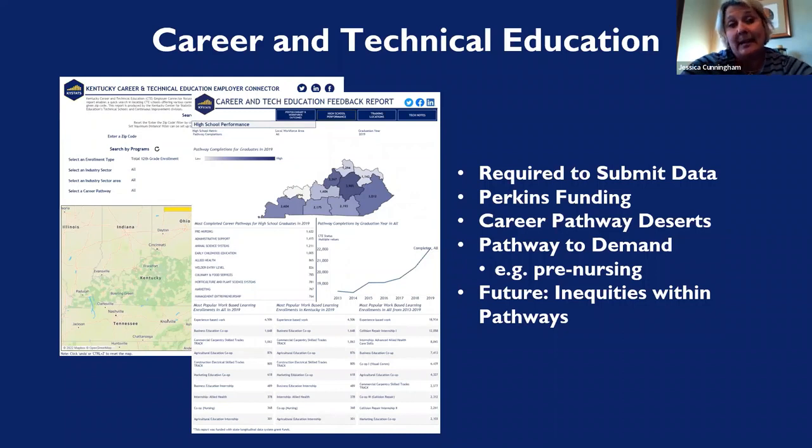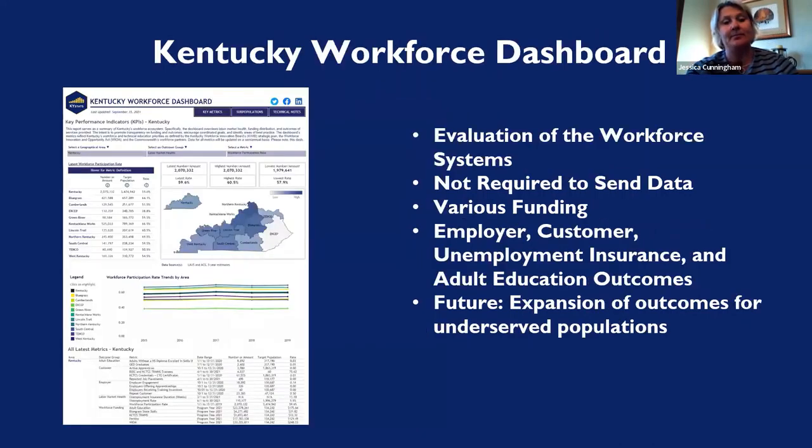As I said, equity is a priority in our next research agenda, so we'll be looking to drill down more and look at those equity and inclusion metrics within this career and technical education pathway. I'll move to the next slide, please, if you don't mind.